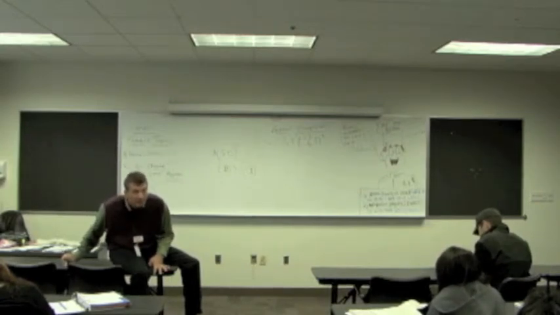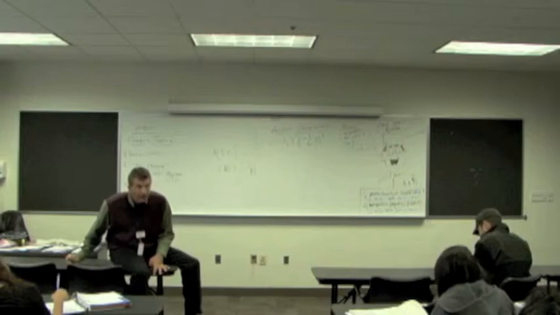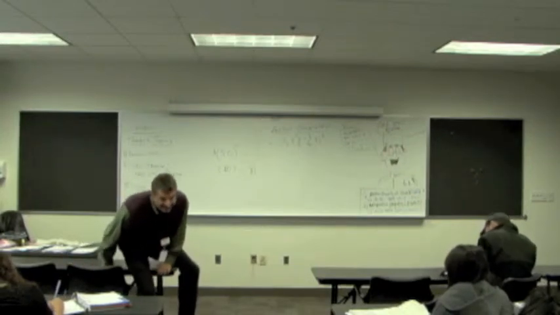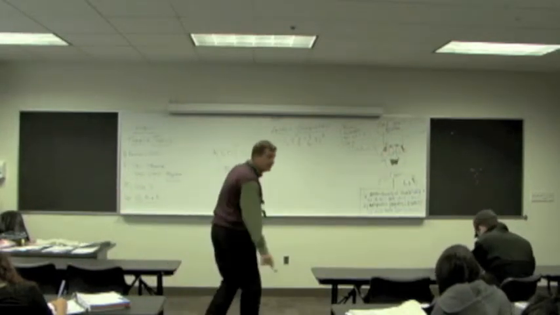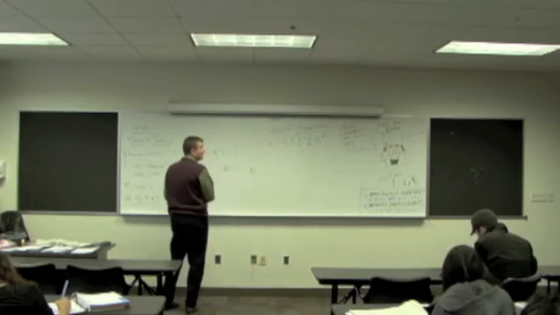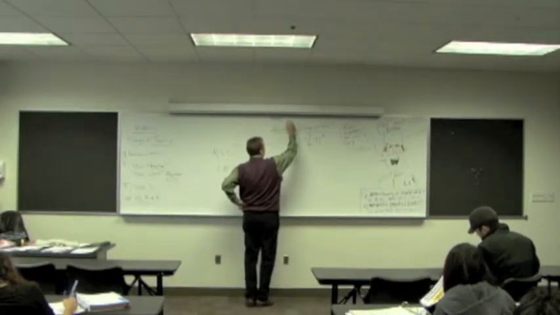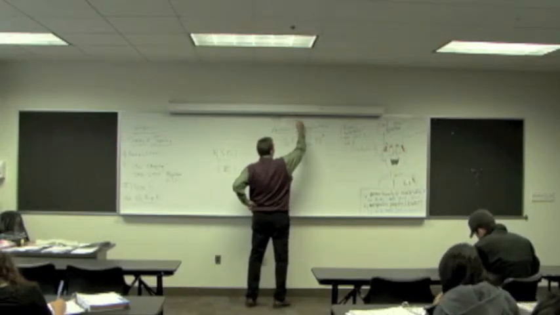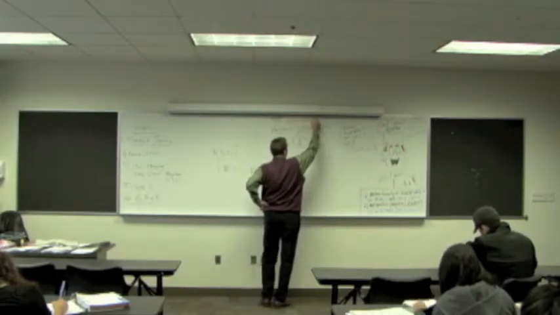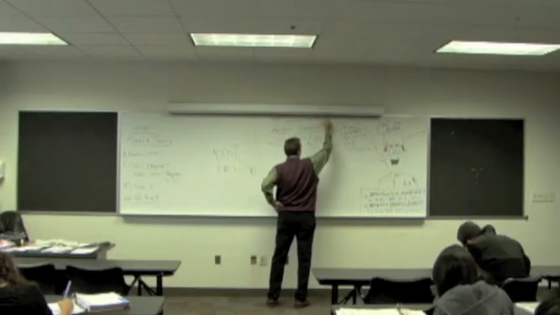Opposite of distributive property. Factoring is the opposite of distributive property. If you didn't write that down in your notes, now's the time to do that. So factoring is the opposite of distributive property.